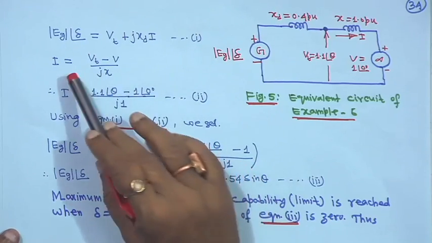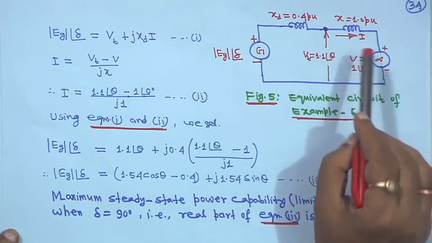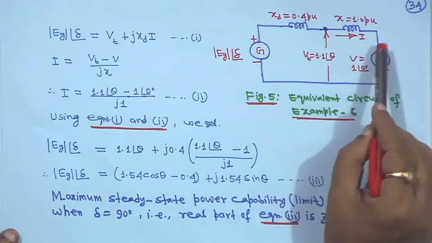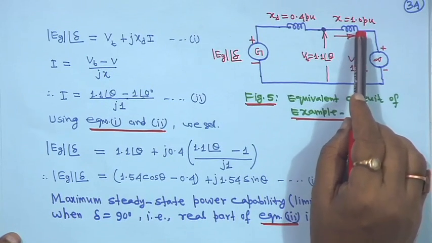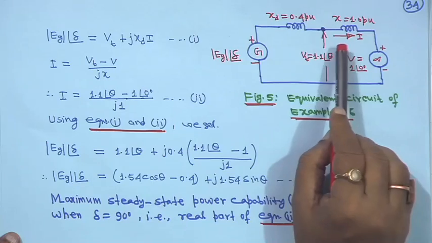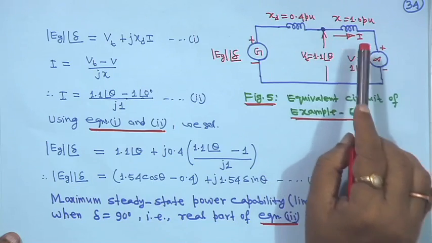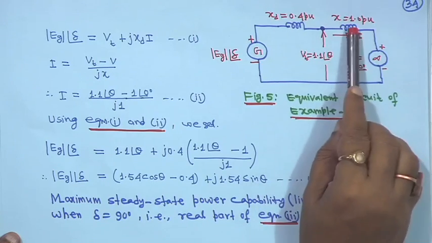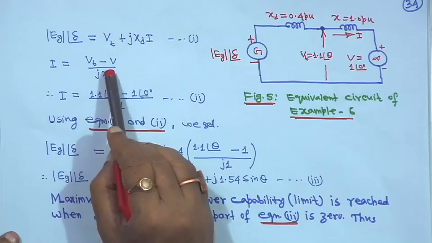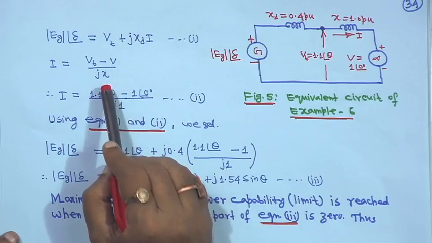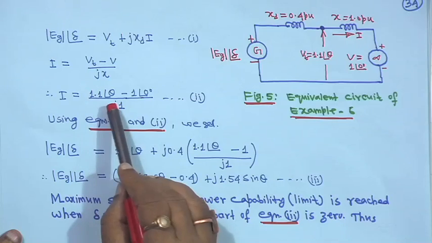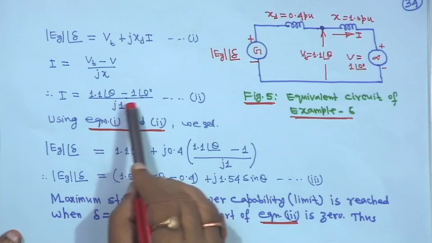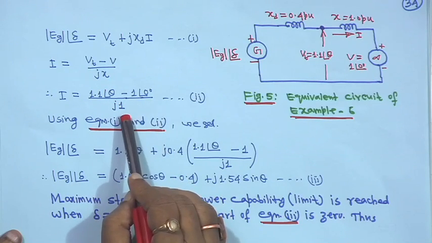Similarly, I is equal to V t minus V divided by x, this x here. So, I is equal to V t minus V upon your reactance, j x, right. So, I is equal to 1.1 angle theta minus 1 angle 0 divided by j 1.